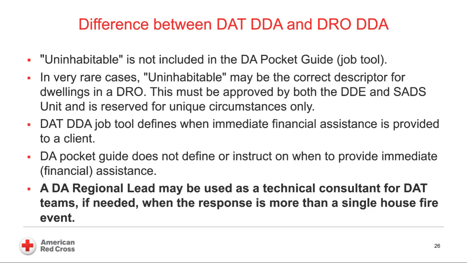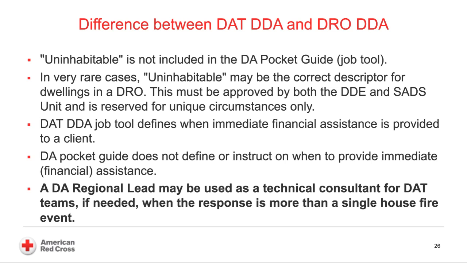There are extremely rare cases where uninhabitable could potentially be assigned, but that goes through a really long list of approval processes, including approval by both the DDE, the divisional executive, as well as the SADS unit, and it's reserved for some really unique circumstances.